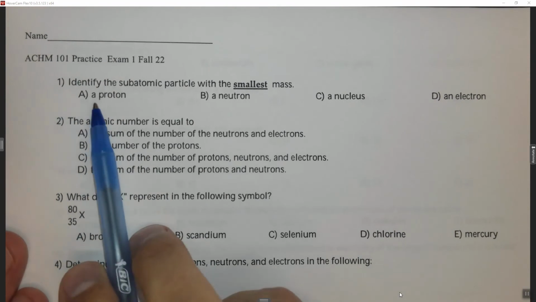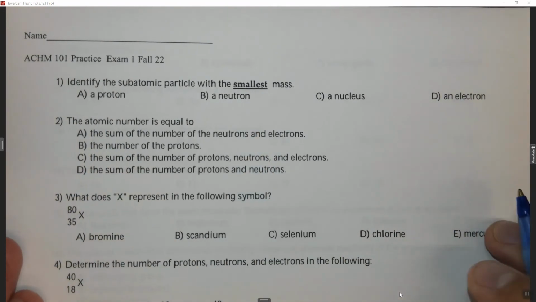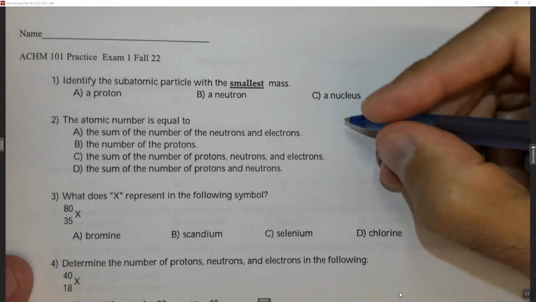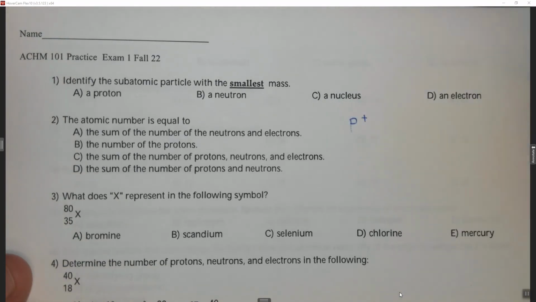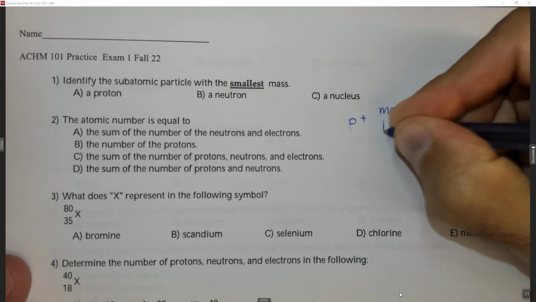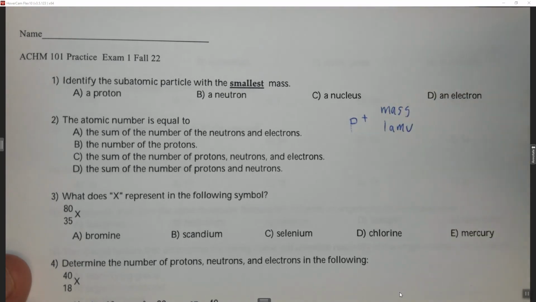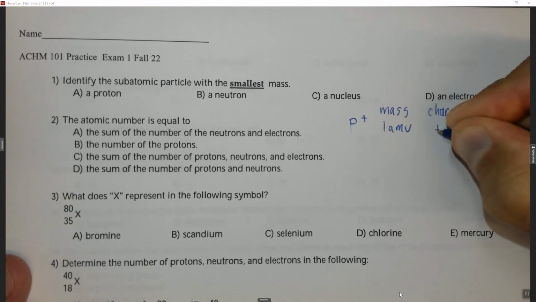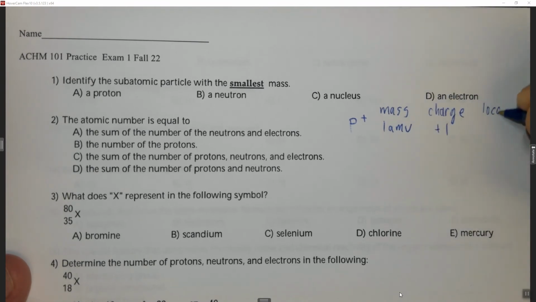The first question says, identify the subatomic particle with the smallest mass. This is going to come up in lots of different questions, so I do want to go over this quickly. We have 3 subatomic particles. We have the proton, which has a mass of 1 AMU, a charge of plus 1, and a location of the nucleus.